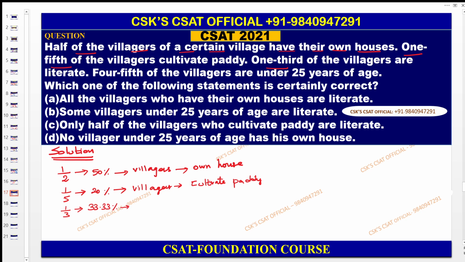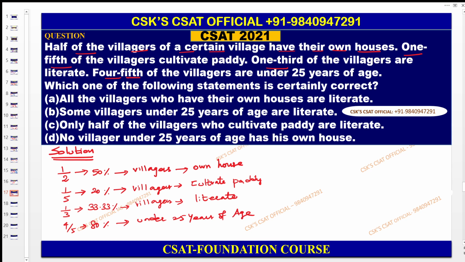You people learned. So the villagers are literate. Now this is 4/5, 4 by 5, which is nothing but 80%. 80% are under 25 years of age. Move on to that. This is the data. With this data, you need to pick the right option.